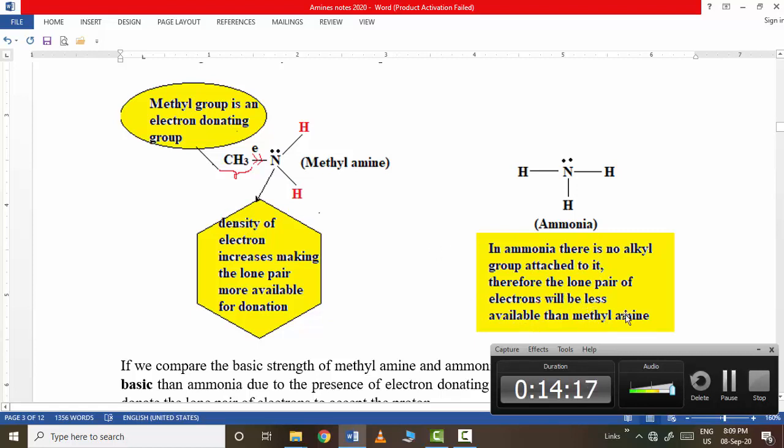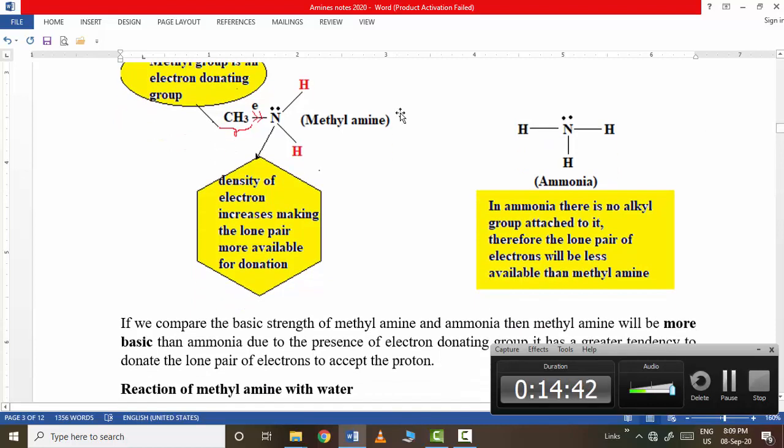So we can say that methylamine is more basic in nature than ammonia, because in methylamine there is an electron donating group which increases the density of electrons in the nitrogen, making the lone pair more available for donation.